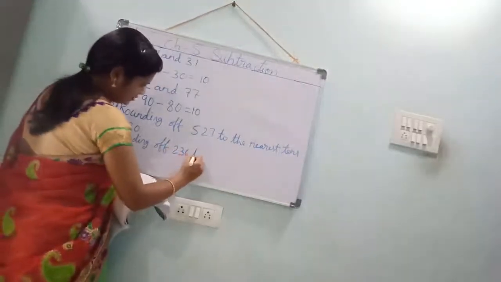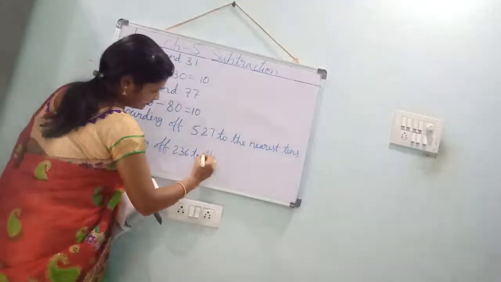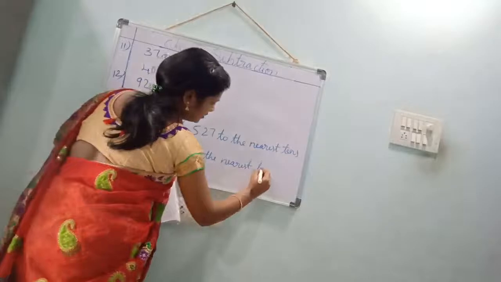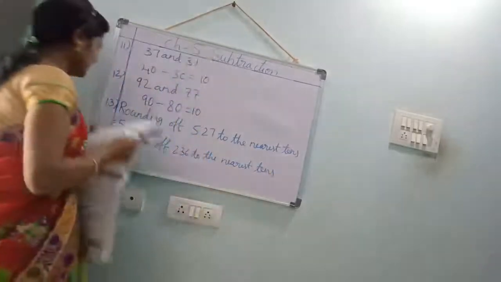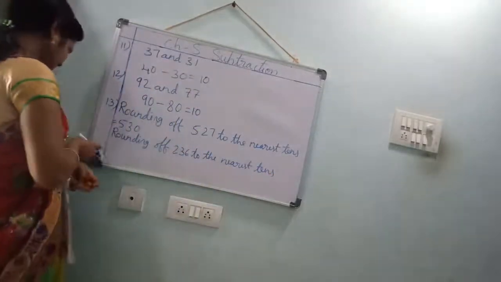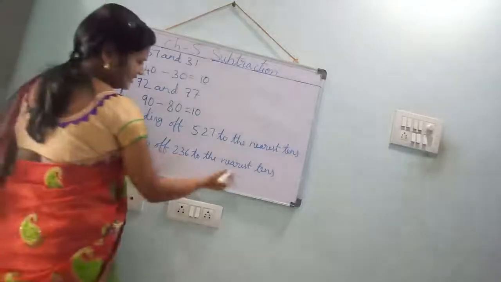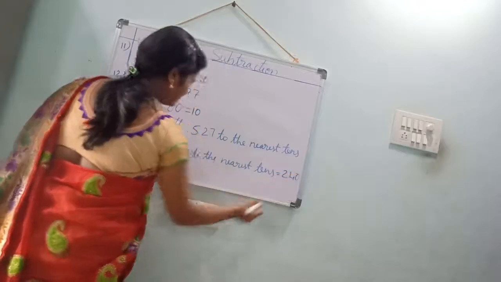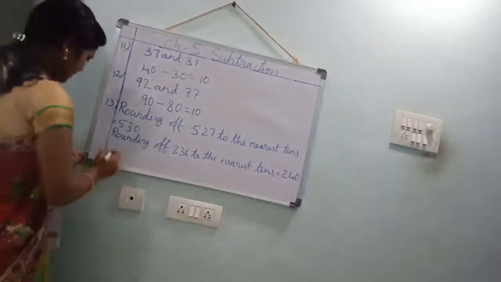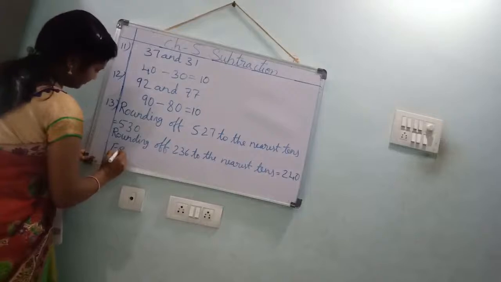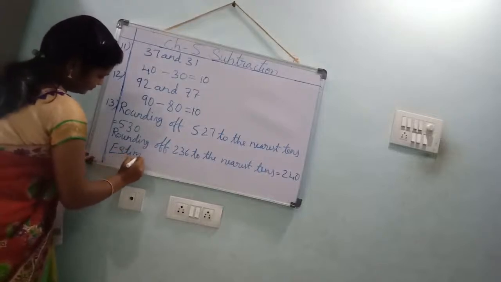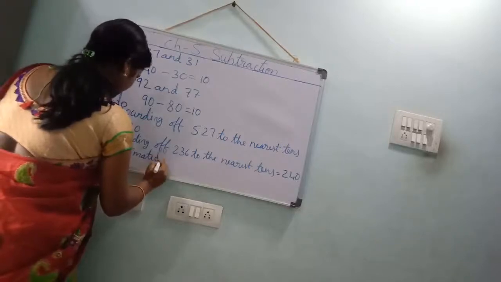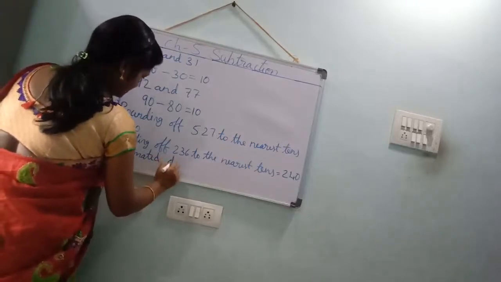236 to the nearest tens. 236 to the nearest tens. 236 nearest 240. Now estimate the difference.